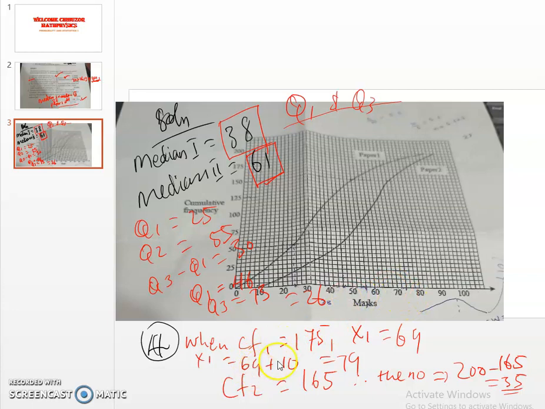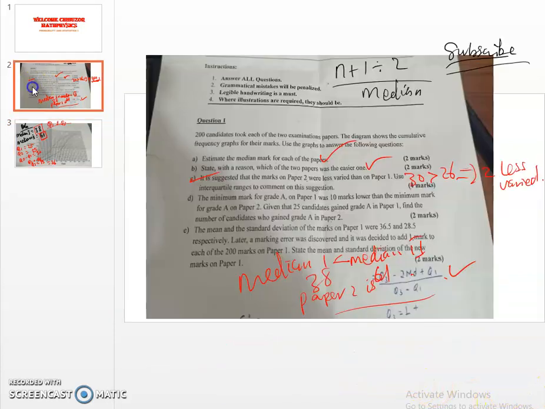So it is 69 plus 10, because the interval is 10, that gives us 79. But we know that the cumulative frequency of the second paper lies between 150 and 165. So we simply take 200, which is the highest number in the cumulative frequency, minus 165, that gives us 35. So 35 is the number of people that gained grade A, and this answers option D.